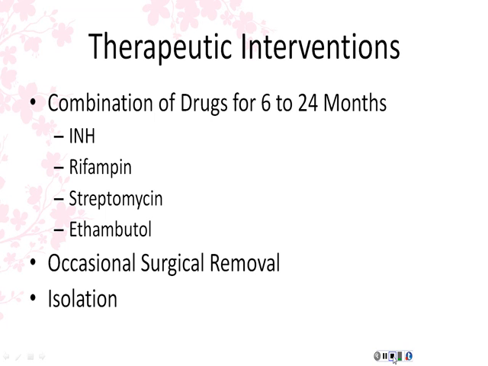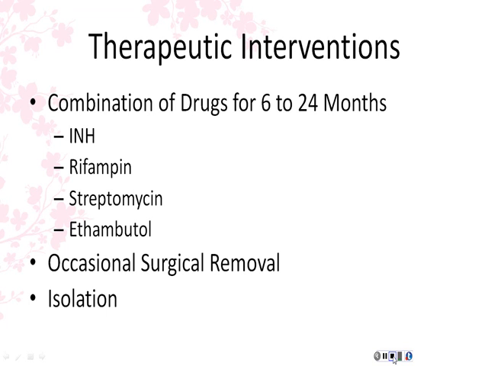So INH, rifampin, streptomycin, and ethambutol. Occasionally they'll do surgical removal of the infected areas as well. And then these folks need to be on isolation until their sputum no longer contains the TB bacteria. They also need to be encouraged to have rest and good nutrition, again boosting that immune system so that they don't get sick.